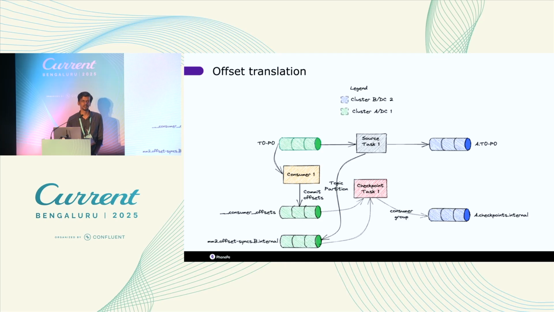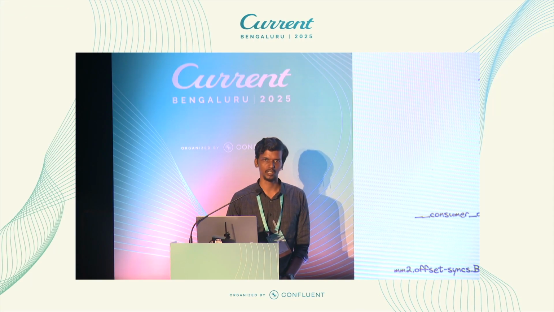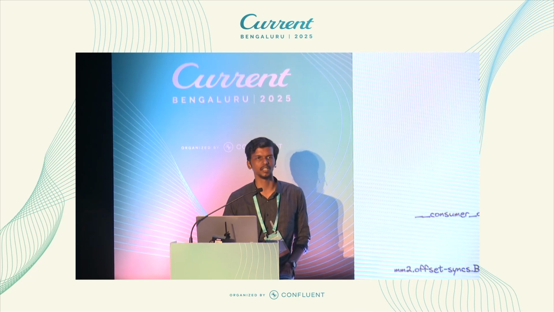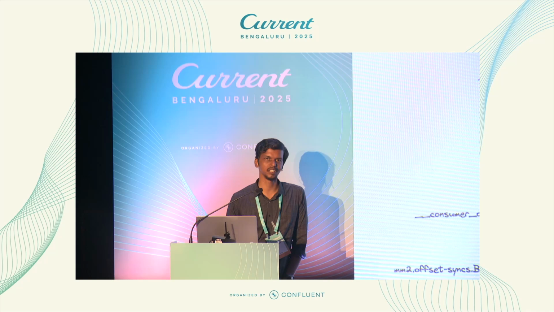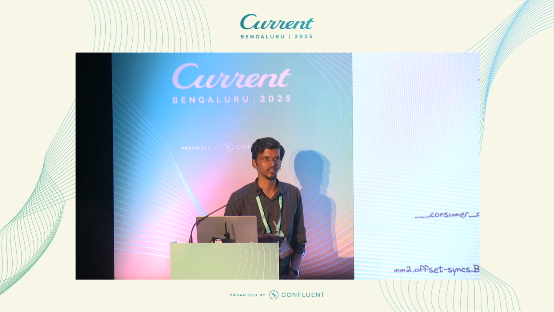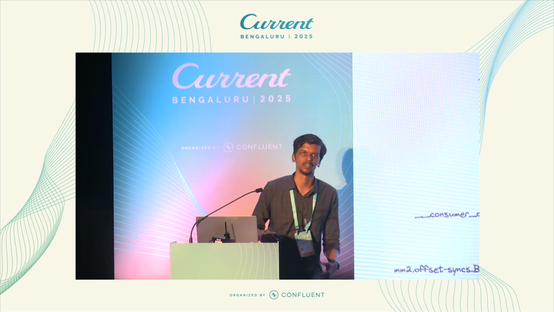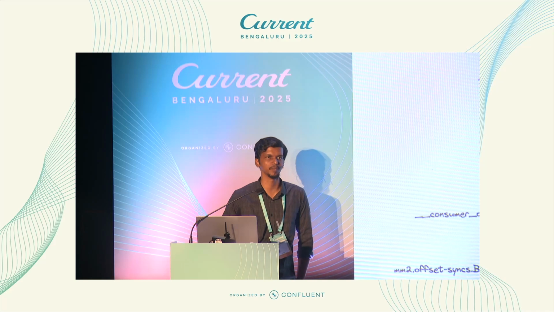So whenever there is a switch happening from cluster A to cluster B, the consumer group offsets are recorded in the checkpoints internal topic. But of course, it is done only periodically, and it is not going to do this every time a batch of messages is copied. So of course, there's a possibility that it may be stale.